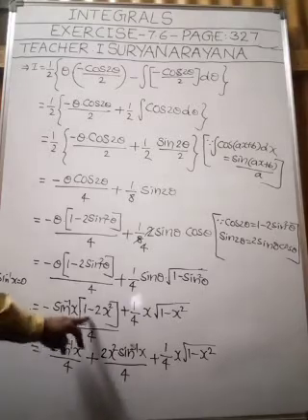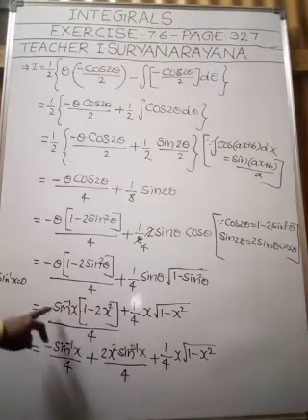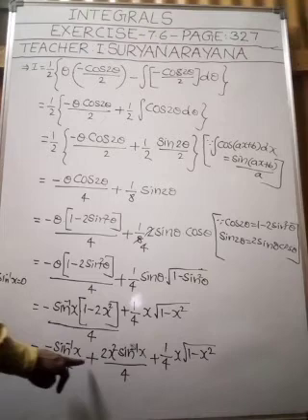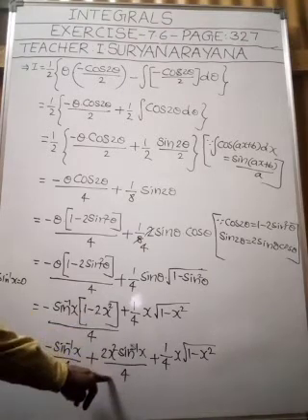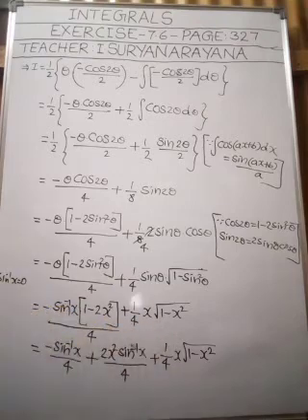Here I used the distributive property. So minus sin inverse x by 4 plus 2x square sin inverse x by 4, and I wrote the last term as it is.